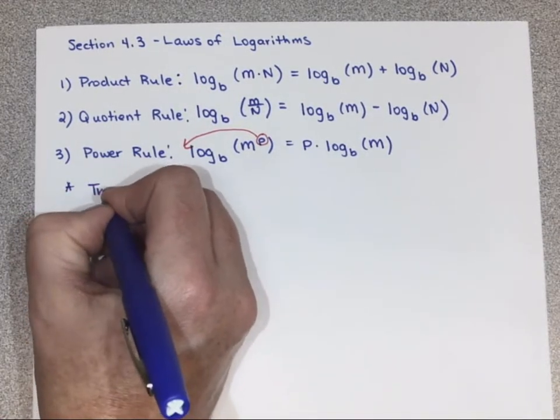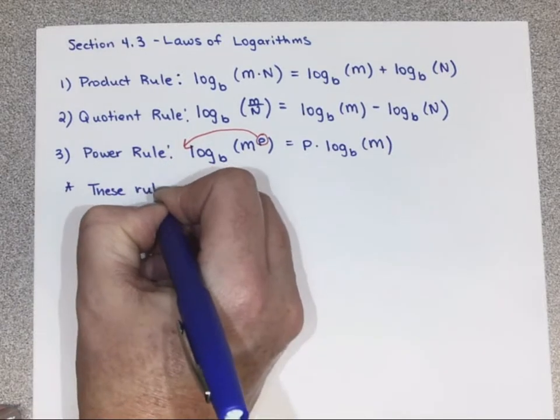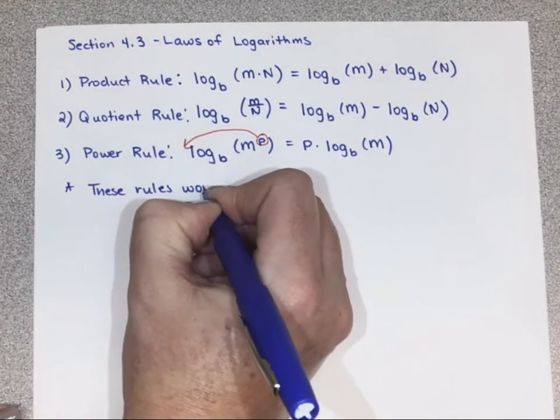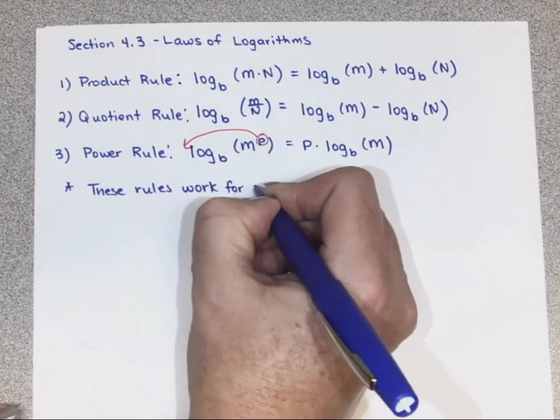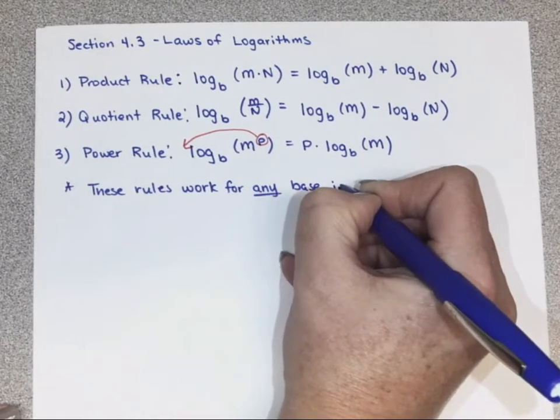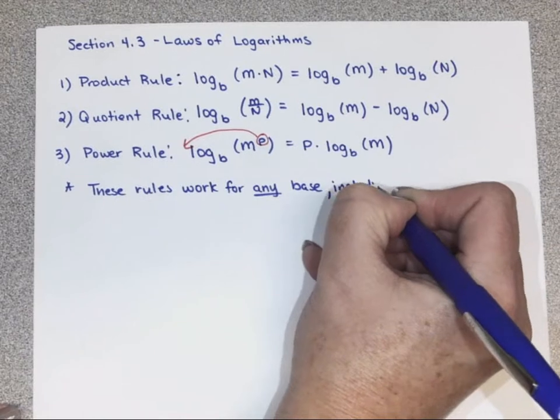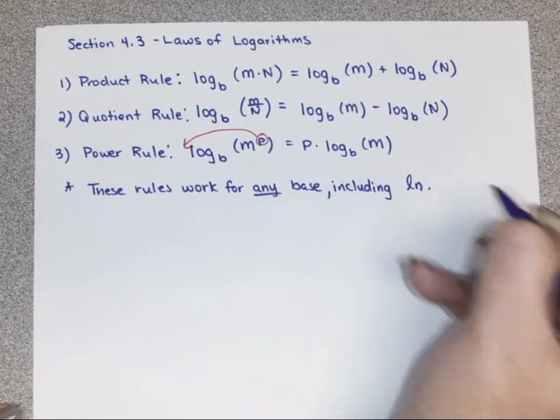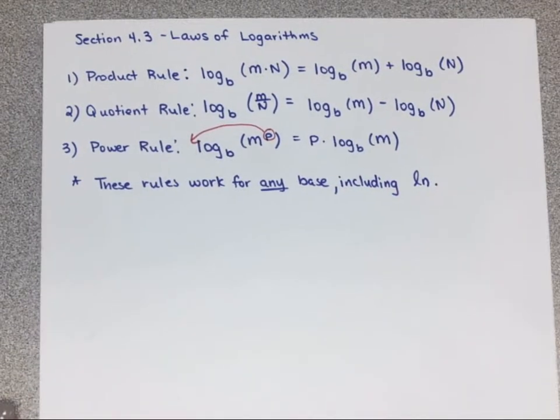And just know that these rules work for all bases. They work for any base at all, including natural log, because natural log, remember, is just a log with a base of e.